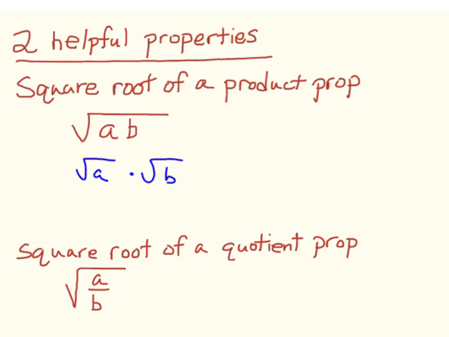And again, we're talking about positive numbers here. The square root of A times B equals the square root of A times the square root of B.